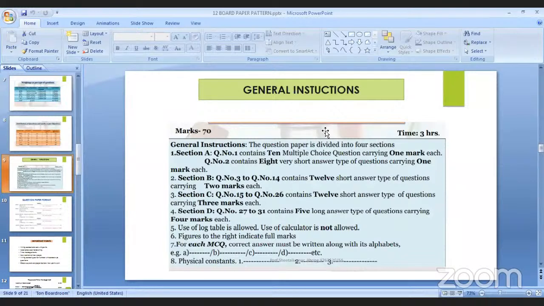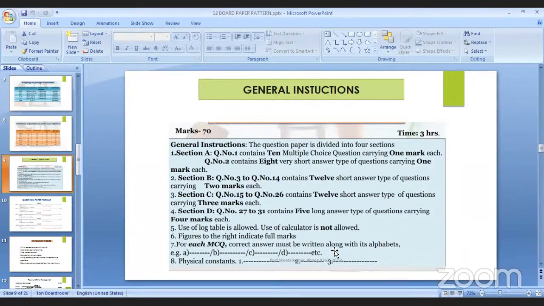Okay, now general instructions. If you see your question paper, initially they give general instructions. If afterwards you get confused or have not attempted something properly, you have to read the general instructions very carefully, where everything about the question paper is mentioned very clearly: where to use log, how to write the answer, what the expectation is, and even some constants are also provided.